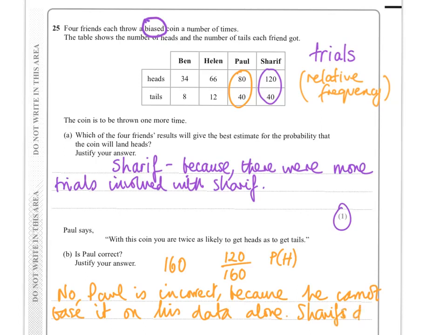Sharif's data indicates that his assertion, when I say assertion, he asserts or says this, that his assertion is incorrect. Now that's obviously how I would write it, but you can just say no, Sharif did it more times and this was not the trend that he got from his data. Anything of that nature will do.